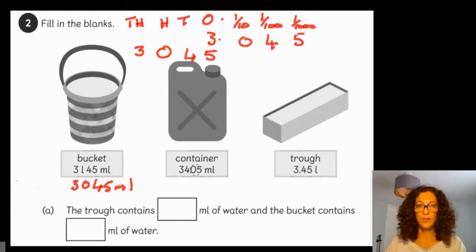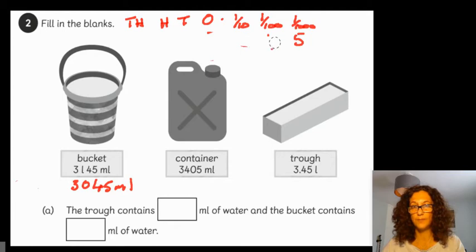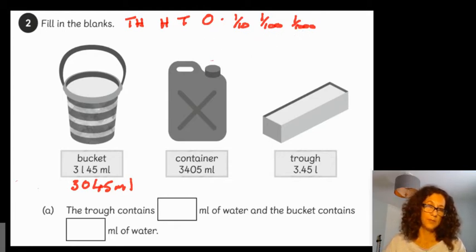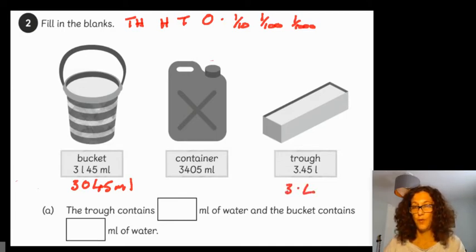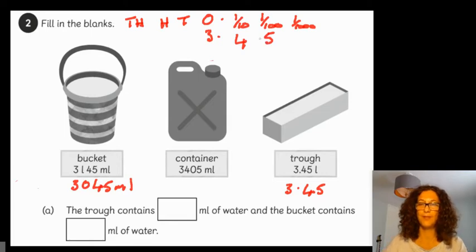Okay, this one's already done, so we now just need to convert the final one. We've got 3.45 litres. So now we'll put 3.45 multiplied by 1,000. So we're moving it 3 spaces to the left. 1, 2, 3.